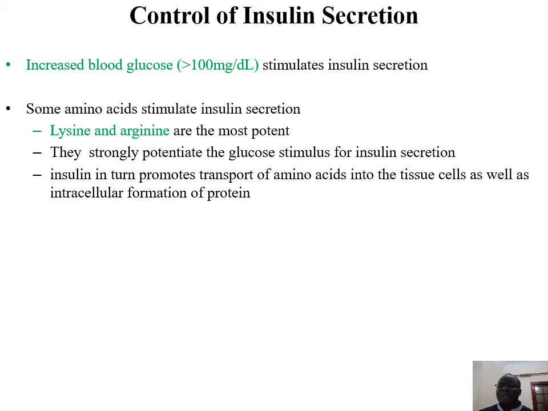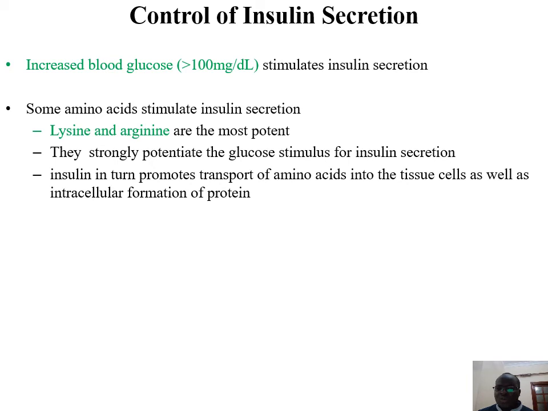because for them to be internalized by other cells, they also need insulin to go and open up those cells. So insulin will go and bind to those cells to introduce channels that can internalize the amino acids. So the presence of these amino acids can also stimulate the secretion of insulin, which makes sense. They strongly potentiate the glucose stimulus for insulin secretion.